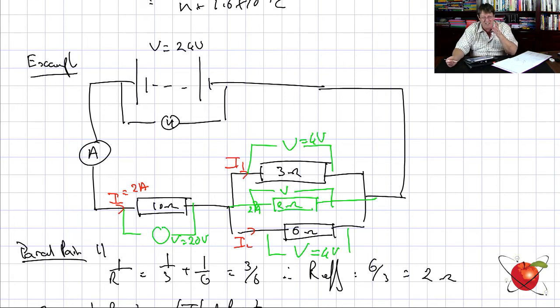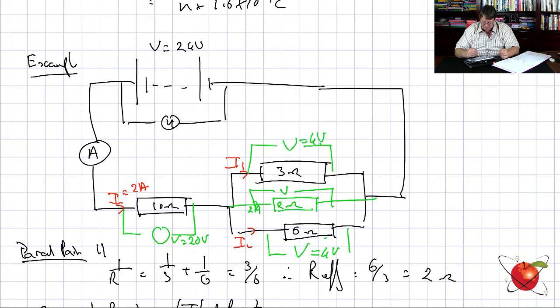In circuits, there's very often different ways of doing it. I could have used the ghost resistor, which is very often a very useful and quicker tool, especially if you've got multiple resistors. So I say, hang on, 20 plus the total voltage across these two, and it's the same because it's a current splitter.